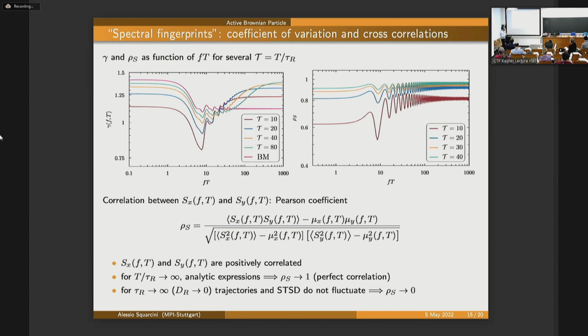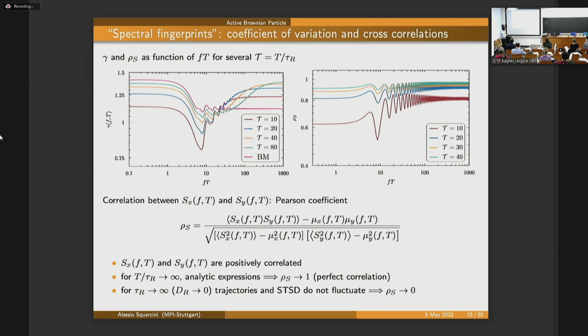So the resulting correlation between S of x and S of y is something quite non-trivial. And indeed, S of x and S of y are positively correlated, as you see here. And of course, if you take the limit of infinite observation time, you project onto a perfect correlation.